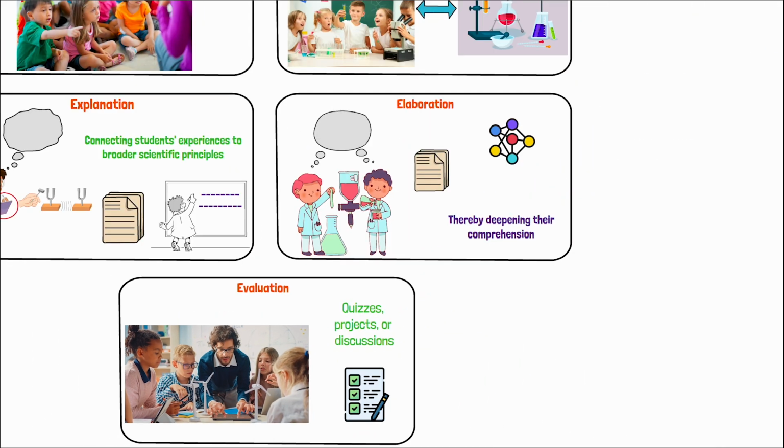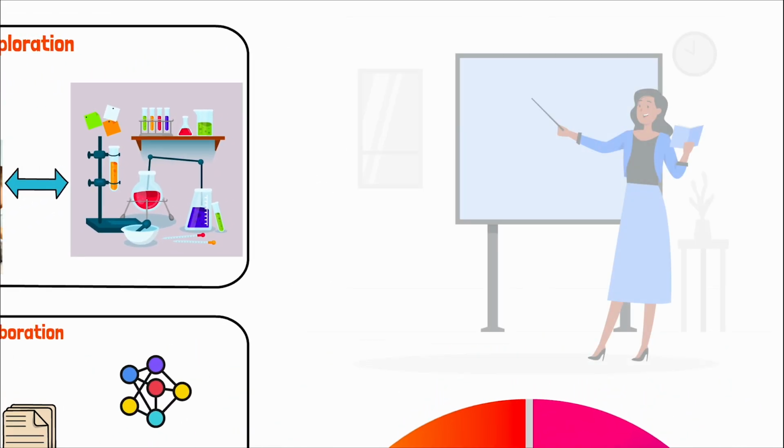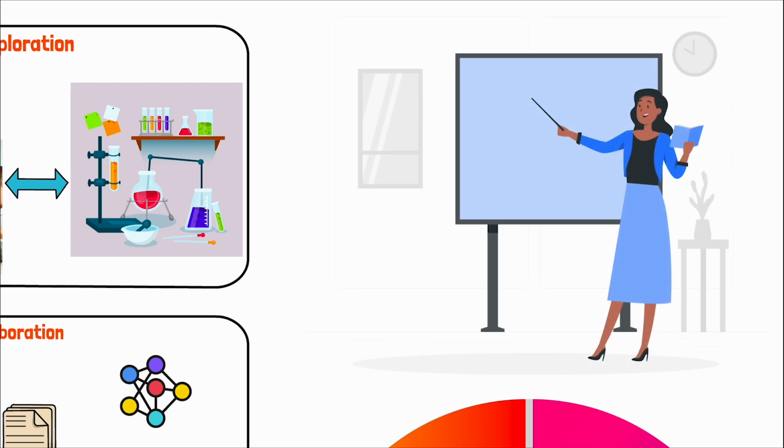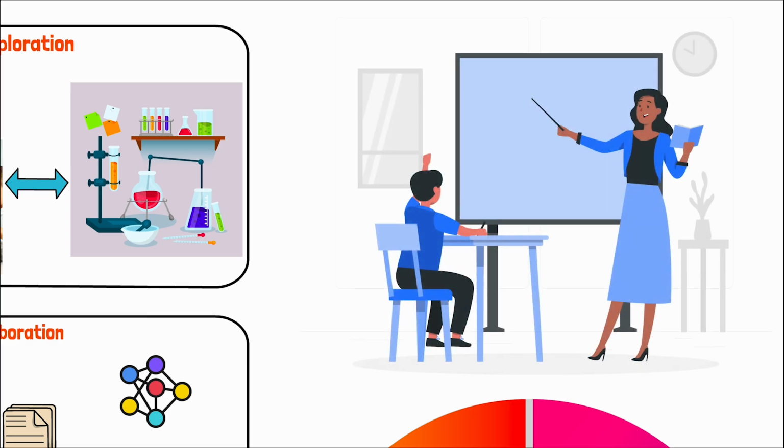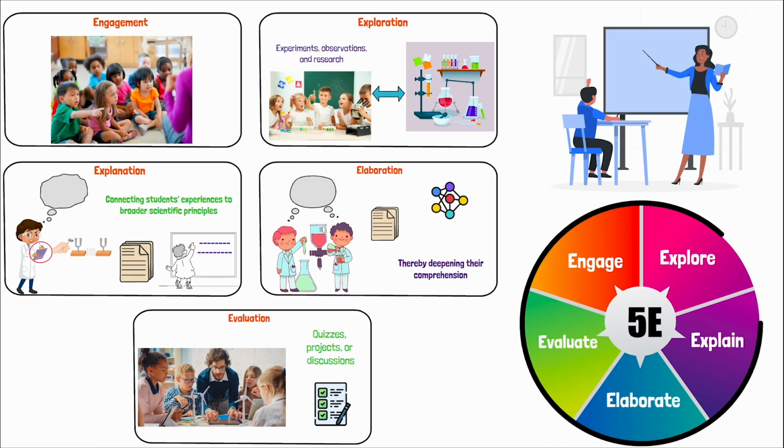The 5E model of science instruction, engage, explore, explain, elaborate, and evaluate, supports this inquiry-based approach by providing a structured framework that guides students through the learning process. Each phase of the 5E model has a distinct purpose and contributes to the overall effectiveness of science instruction.